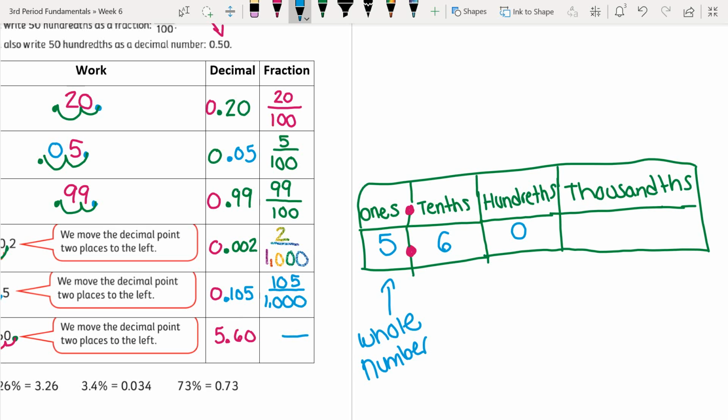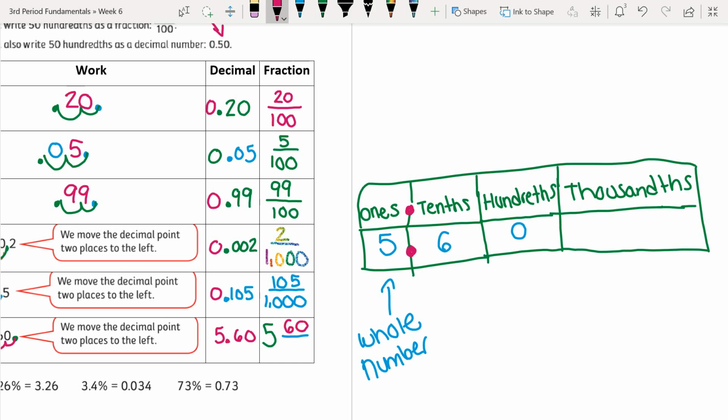Because there's something in the ones spot, that's our whole number, that's actually part of our answer. We're going to write this as a mixed number, where we have a whole number, which is 5, and then a fraction, where our fraction is determined by the number after the decimal. If I just read it, that's 60. So that goes on the top part of my fraction.